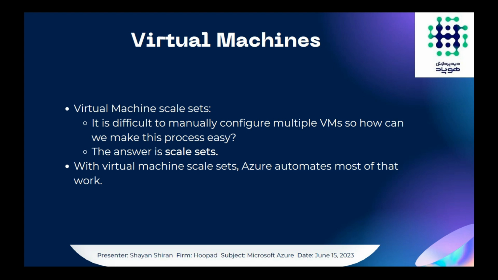So scale sets have the ability to increase and decrease the number of VMs according to our use, and we do not need to configure them manually. It does these configurations automatically, and that's the reason that we use scale sets.